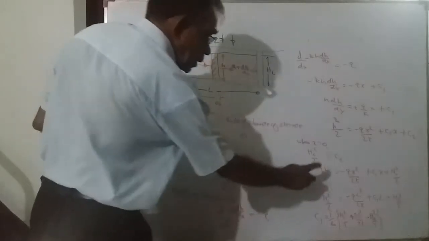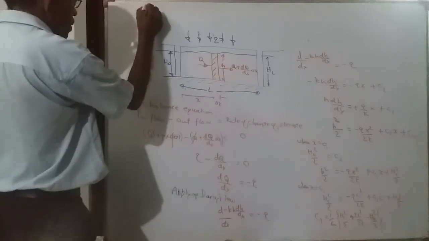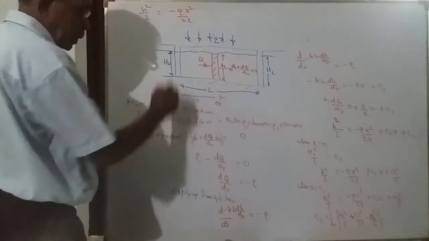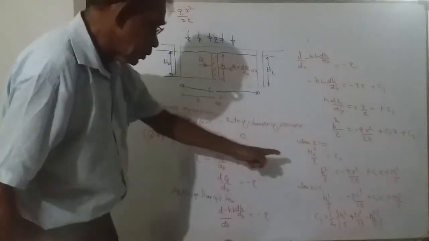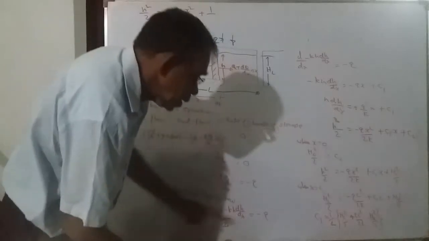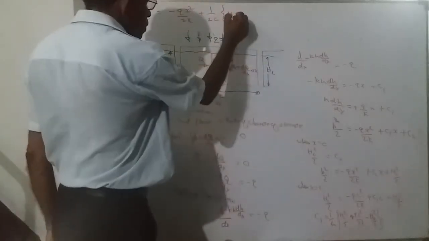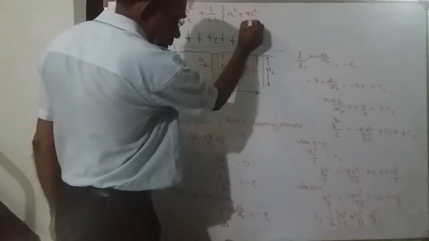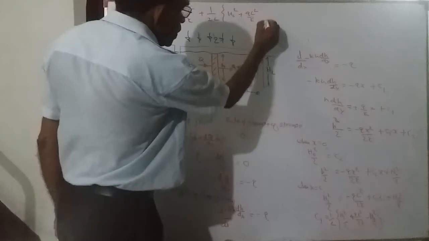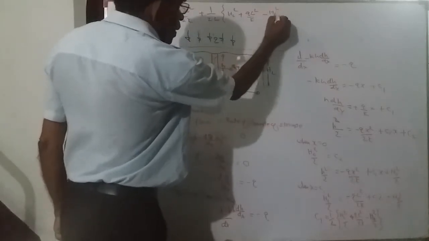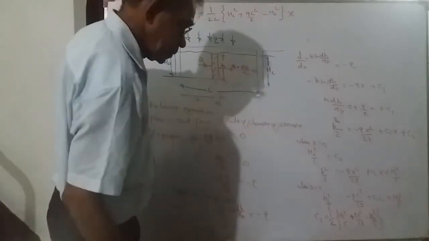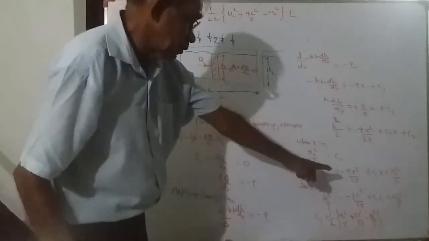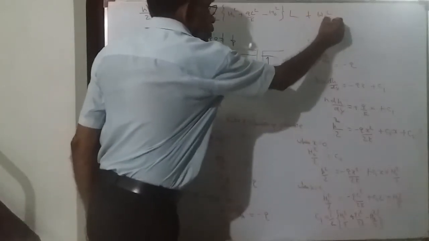Write the general equation with the boundary conditions: h squared divided by 2 is equal to minus q x squared divided by 2k, plus c1, which is 1 upon L times hL squared divided by 2 plus q L squared divided by 2k minus h naught squared divided by 2, multiplied by x, plus h naught squared divided by 2.